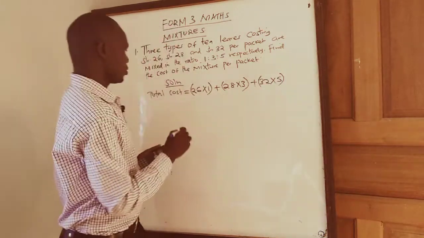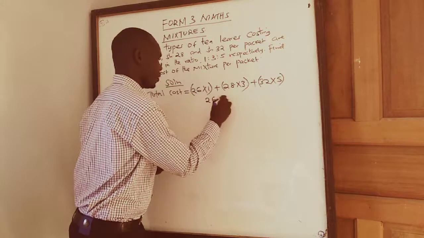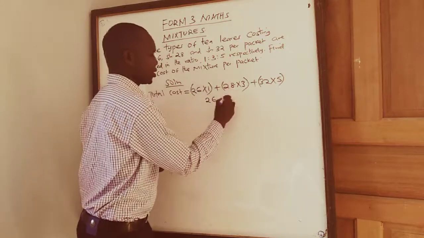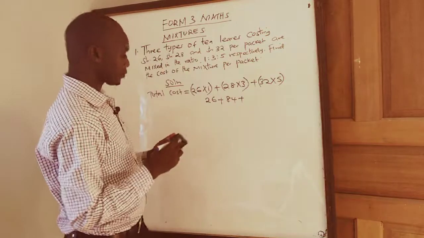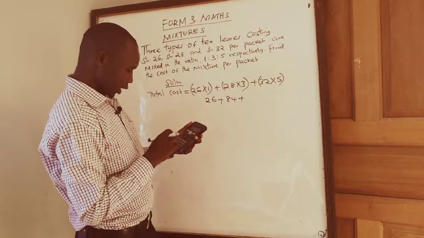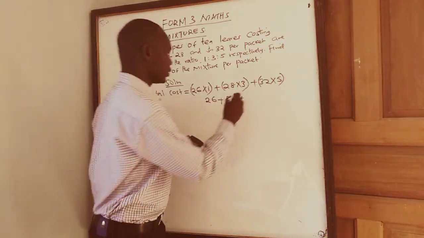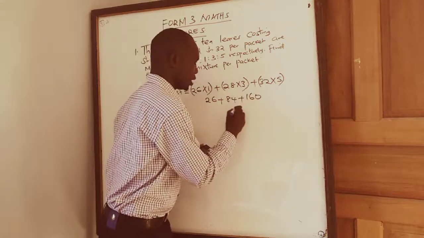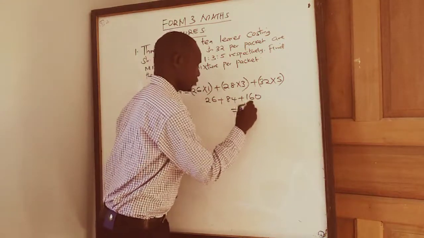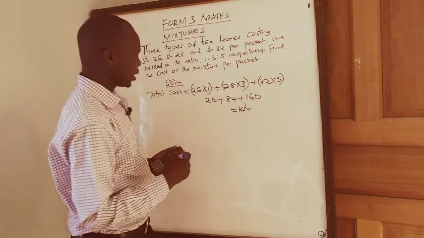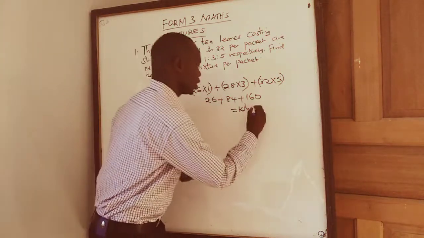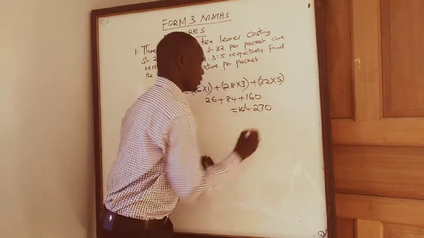This is 26 plus 28 times 3 is 84 plus 32 times 5, which is 160, and the total cost for the 3 types is going to be 26 plus 84 plus 160, which gives us 270.